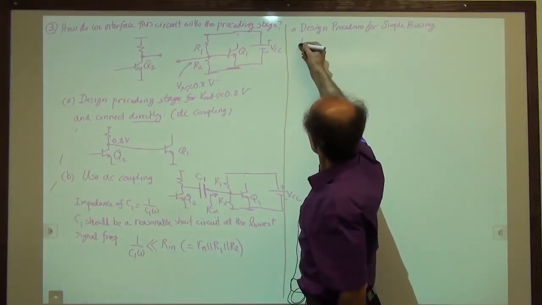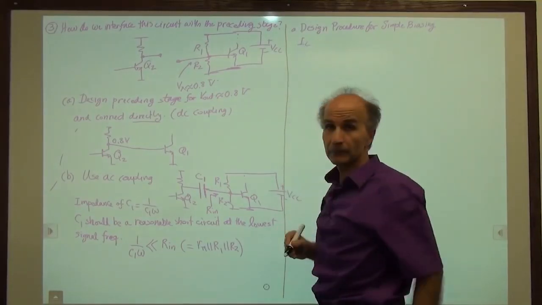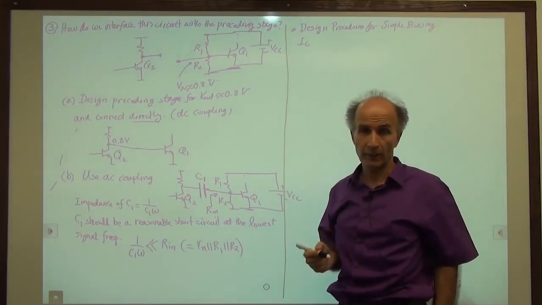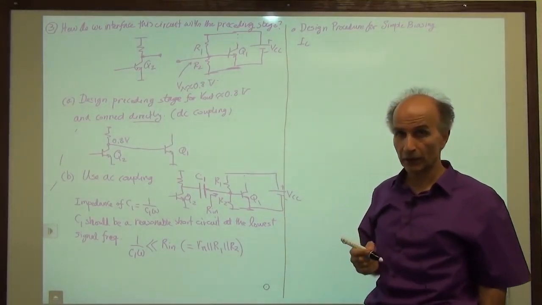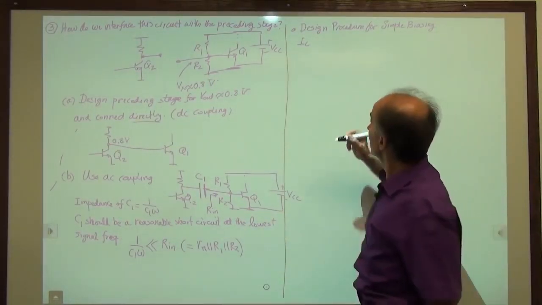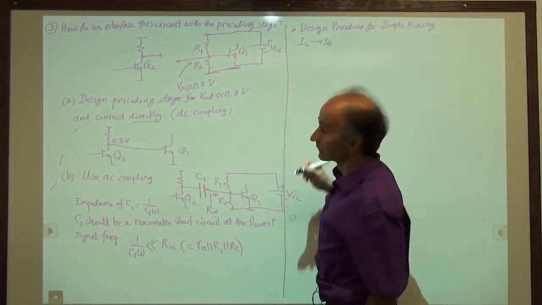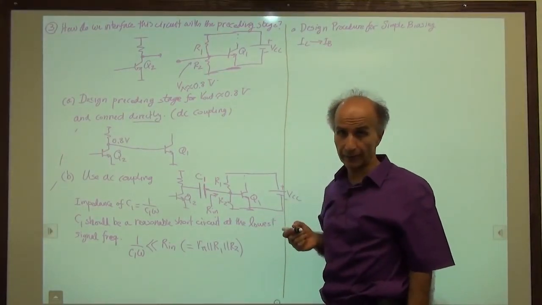We have a certain collector current in mind, right? We are given it. It comes from the power budget, comes from other things, but we know the collector current that we need, the bias current. That means that we know the base current of the device. We just divide by beta.